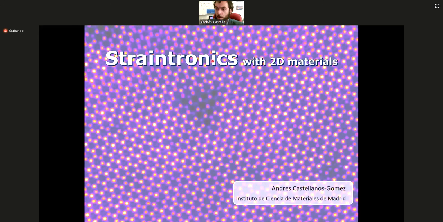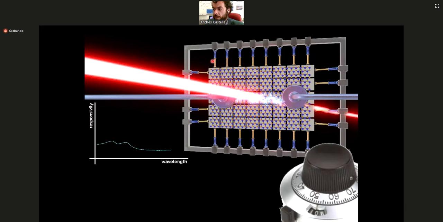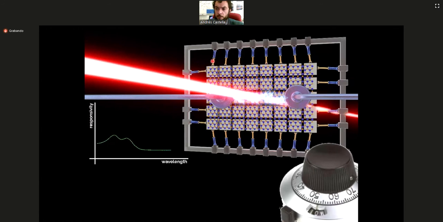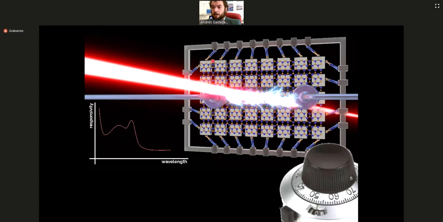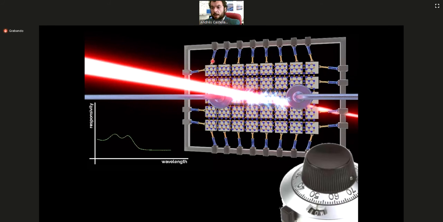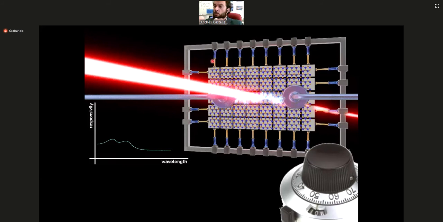Okay, so now let's talk about straintronics. As I said, this is a field of research in which we want to exploit strain engineering techniques in order to fabricate devices with new functionalities. In my group we are interested in optoelectronics, so the idea we have in mind is to fabricate a photodetector in which we can modify the output characteristics just by a mechanical deformation that we apply at will.